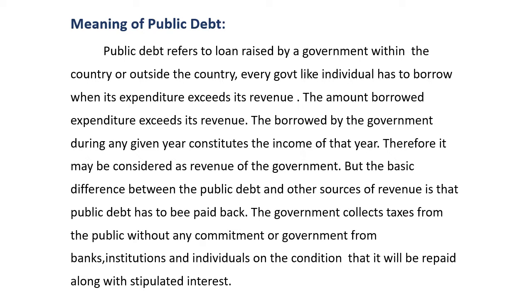Therefore, it may be considered as revenue of the government, but the basic difference between public debt and other sources of revenue is that public debt has to be paid back. The government collects tax from the public without any commitment, but it borrows from banks, institutions and individuals on the condition that it will be repaid along with the stipulated interest.